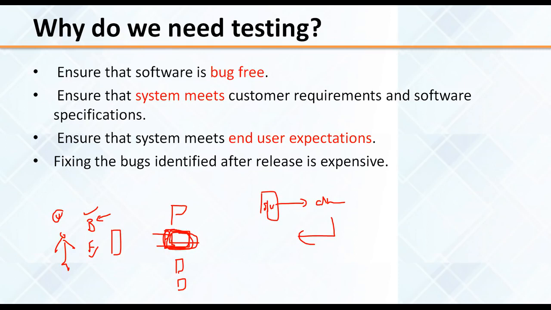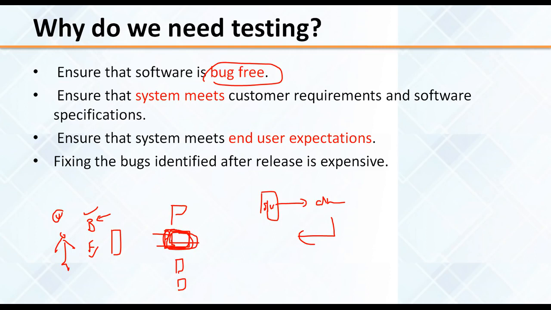So why we need to do software testing is to ensure that the software is bug free. Software should not have any defects. That's the first thing. And to ensure that systems meet customer requirements and software specification. This is another main objective. It should meet our customer requirements. If the customer says something and we develop something else, there is no use of it, right?